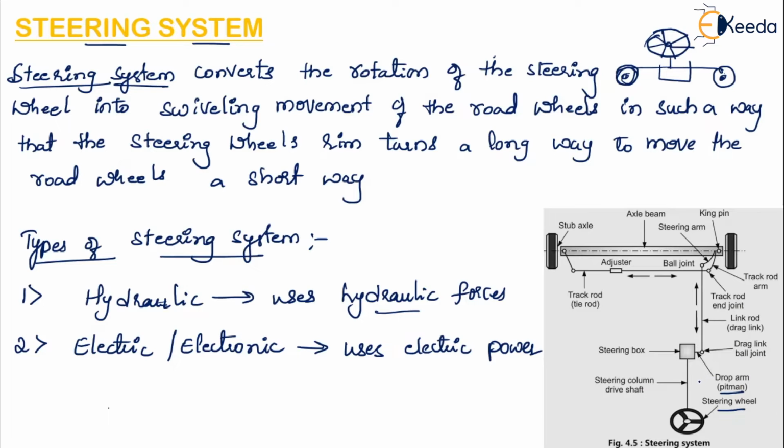This steering box, that is the gearbox, consists of gears which will transmit the driver's steering inputs to the steering links that will turn the wheels. So this box contains gears which transmit the steering motion of the driver to the wheels through the linkages. We will study these links in detail.